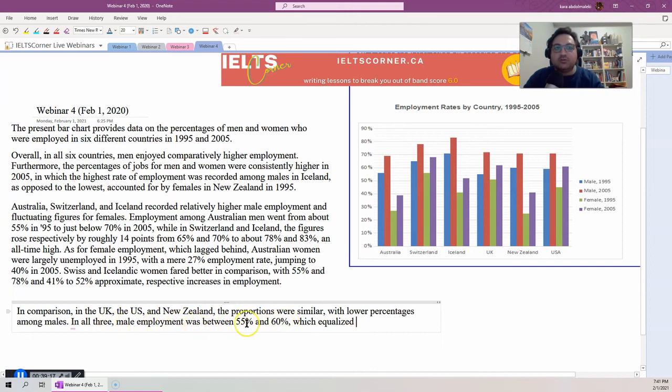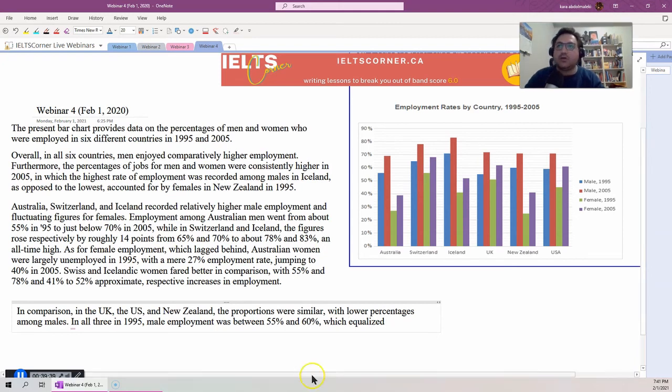Male employment was between 55 and 60 in, let's put in 1995 here. Male employment was between 50 and 60, which equalized.